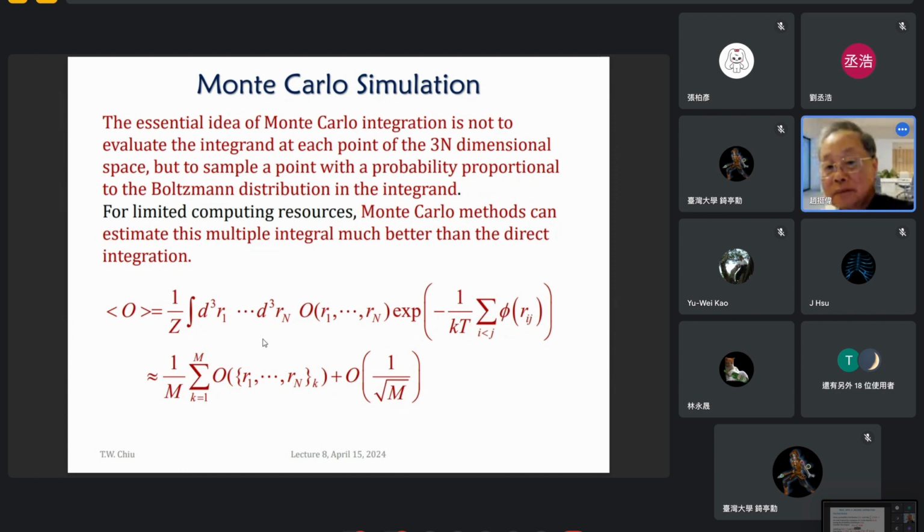This is the merit of Monte Carlo simulation. Even with limited computing resources, I can still obtain an estimate of the answer, which is almost impossible for direct evaluation. Any questions up to this point?